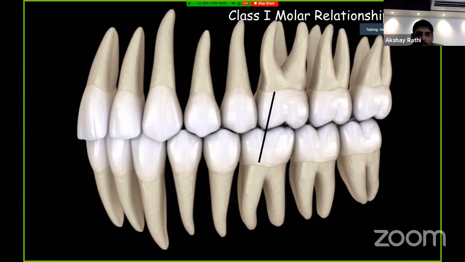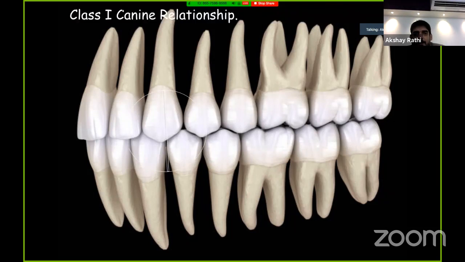When the molars are missing, we go by the class 1 canine relationship, which is that the cusp of the upper 3 falls in the embrasure between the lower canine and premolar. So the upper 3 must lie between the lower 3 and 4. These two are the basic premises of normality with respect to orthodontics.